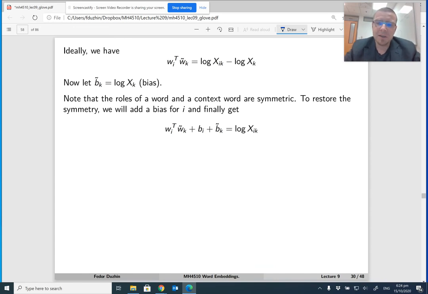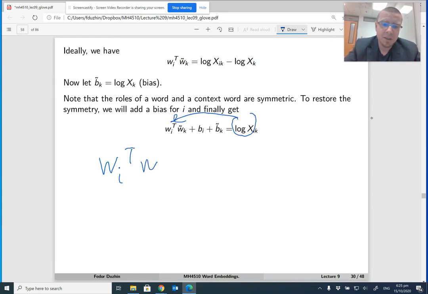Which means that in order to make our word vectors as close to the ideal as possible, we're going to move this to the left hand side.